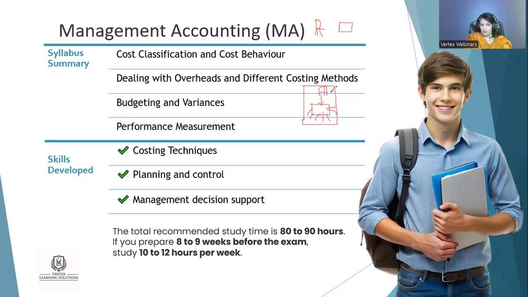Whatever is happening here, the main brain is working in the background: the management accounting team, the team who are the management. The role of management accounting is very vital in business success. This is what I was trying to tell you.